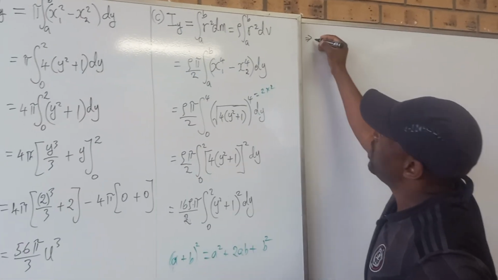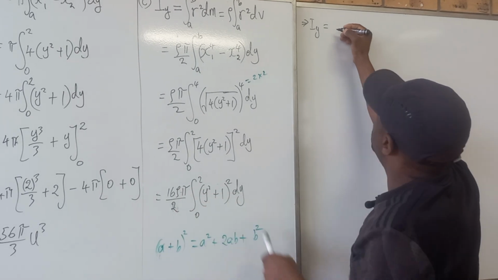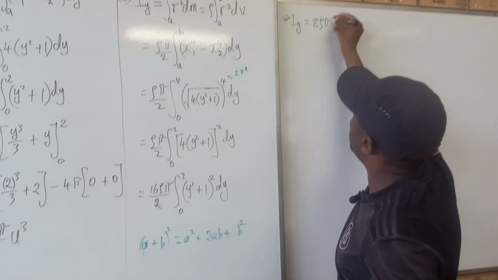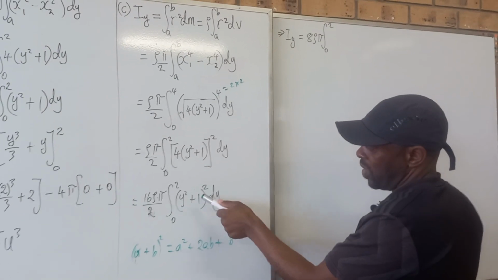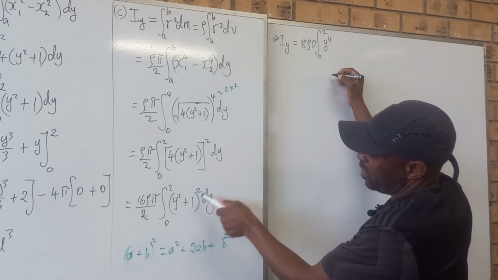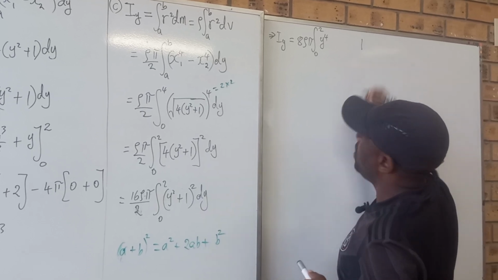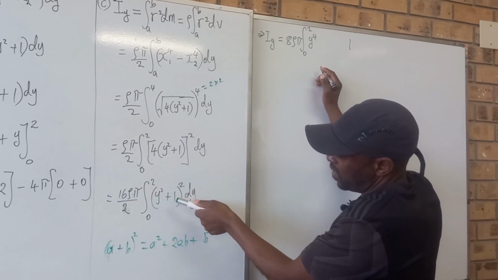If that is done, our moment of inertia will become 16 over 2. It's a simple 8 density pi. The integral from 0 to 2. If I take y squared and square it, I will get y to the power 4. If I take 1 and square it, I will get 1. Then in the middle, I will take 2 times y squared times 1.